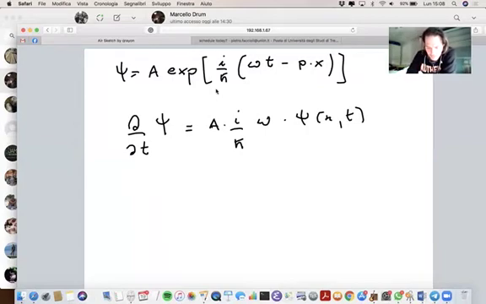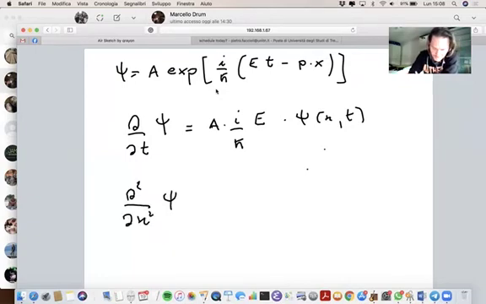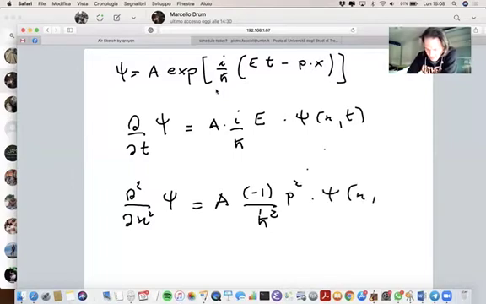Sorry, I'm making a mistake here. Then I'm going to take the second derivative with respect to x. And I'm going to drop a minus 1 from the i squared, I'm going to drop an h bar squared, and I'm going to drop a p squared times psi of x and t.